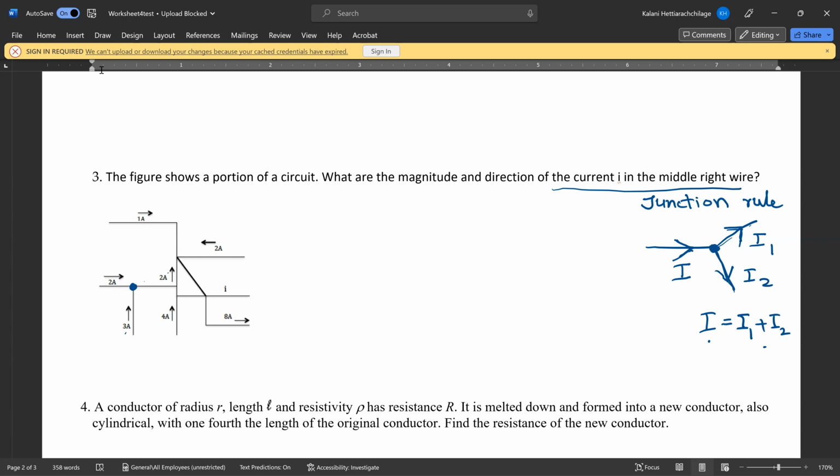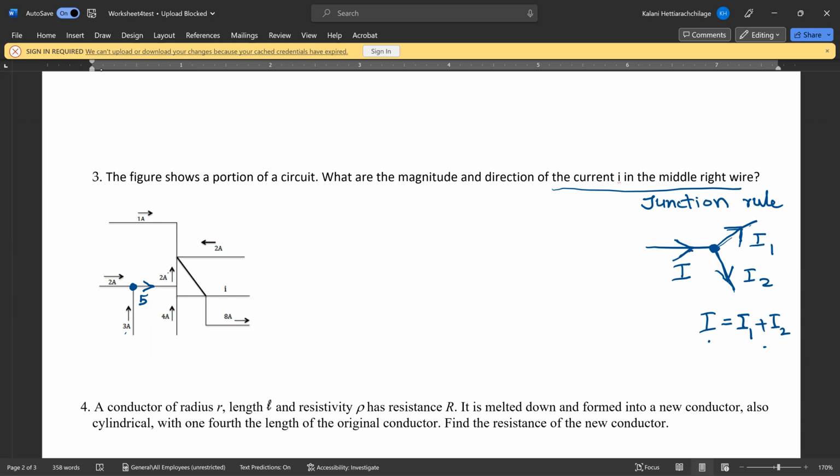That means from this junction, I have 5 going out. I'm just writing the 5 because if I write the A, it may not be visible. Okay, so that 5. Now you understand that 5 is going out. That wire has the 5 current to the right direction.